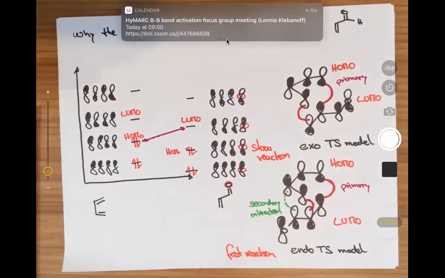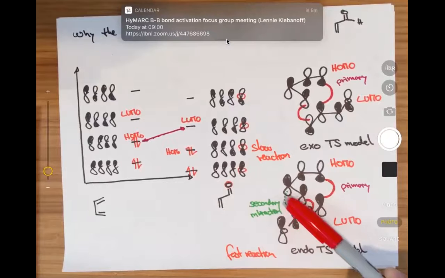All right, so now the fact that the endo transition state is favored is counterintuitive when you just look at the steric effect. So you could say the steric bulk from this additional substituent that you tuck underneath it will be repulsive.